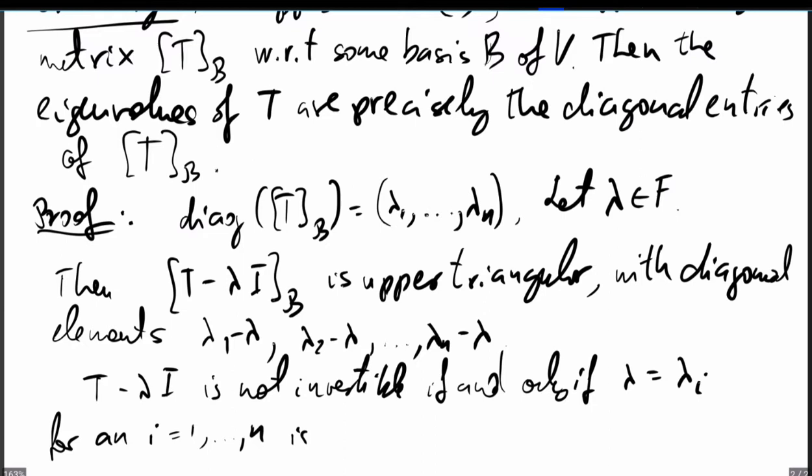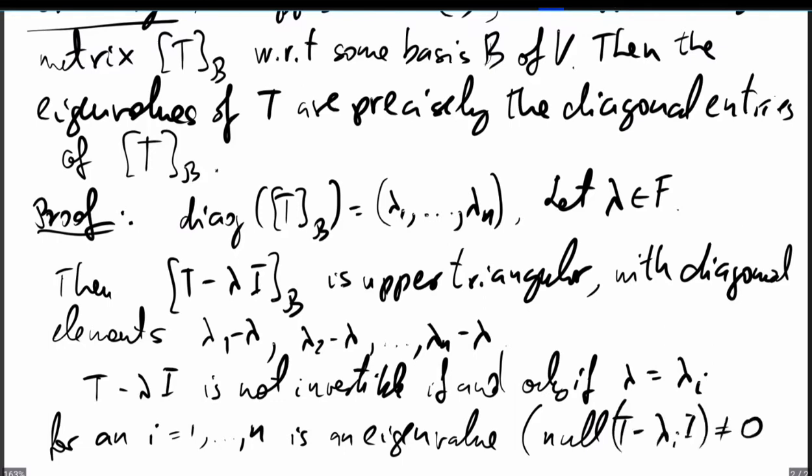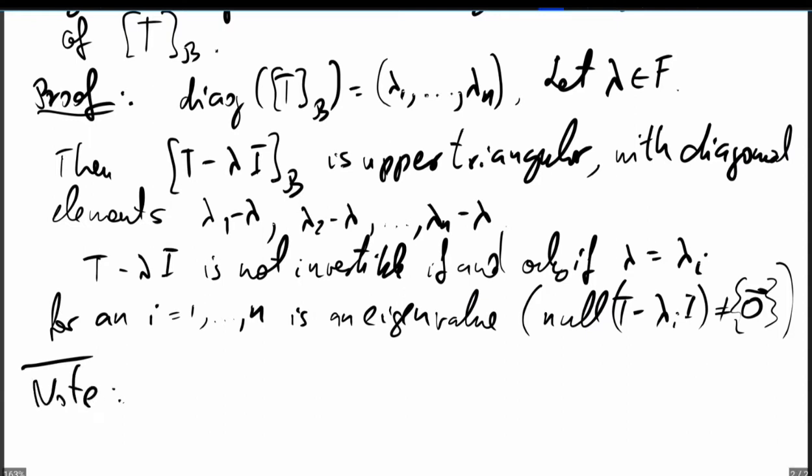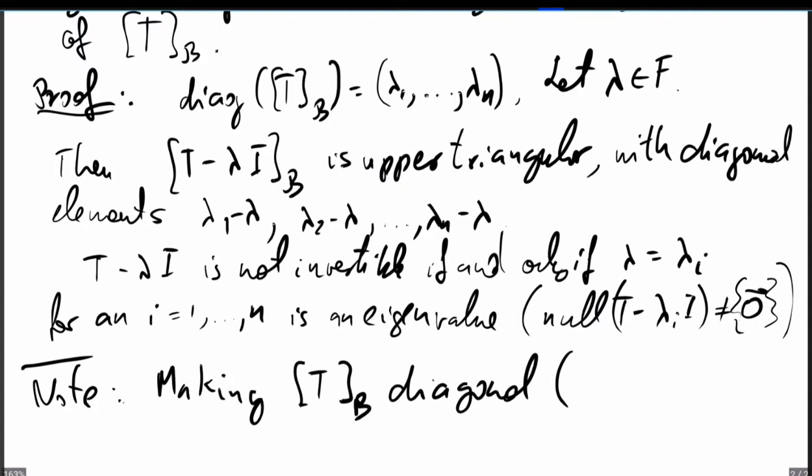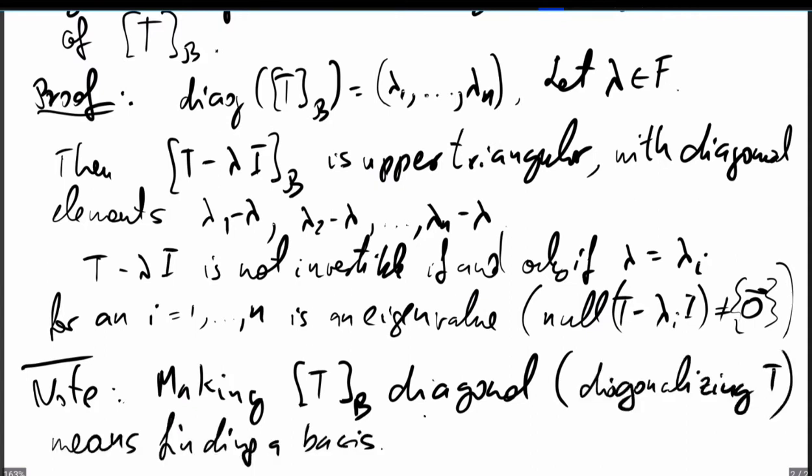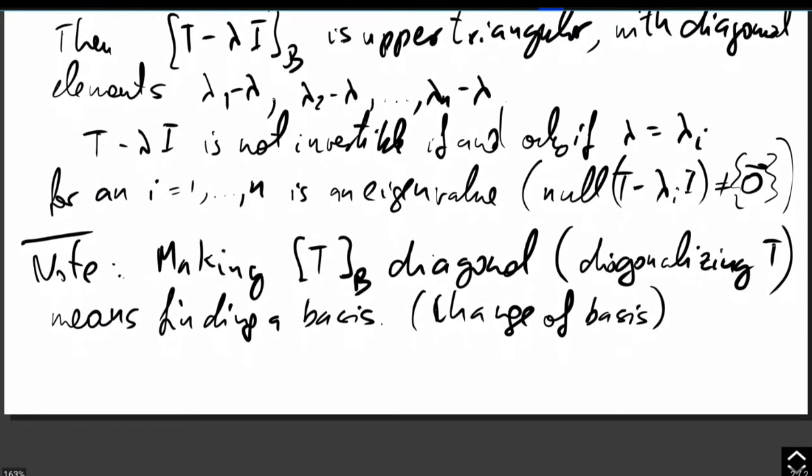And also, that means that this lambda is an eigenvalue, which means that the null space of T minus lambda I is not just the zero vector. So note that making T_B diagonal, the way we say that is that we diagonalize T, means finding a basis. So that means change of basis. And we did have formulas for change of basis already.